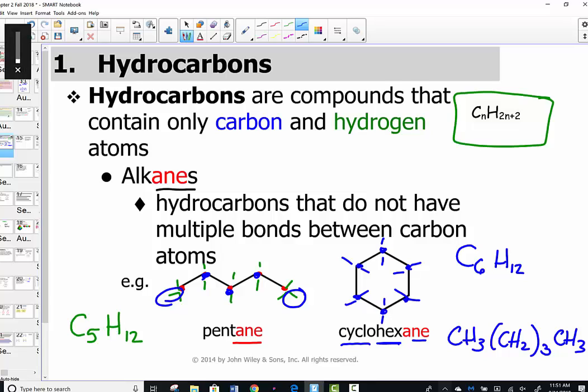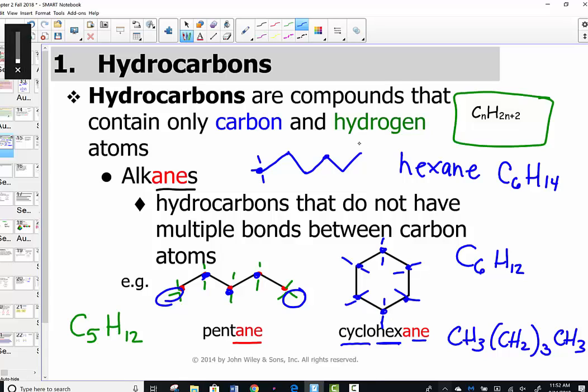When I think about the difference between a straight chain, 1, 2, 3, 4, 5, 6, what would the formula for simply hexane look like? Tell your neighbor. What is the formula for hexane? I'm stealing from the murmurs I hear. 14, right? Double the carbons, add 2 for the ends.